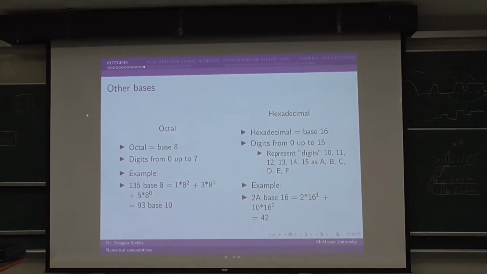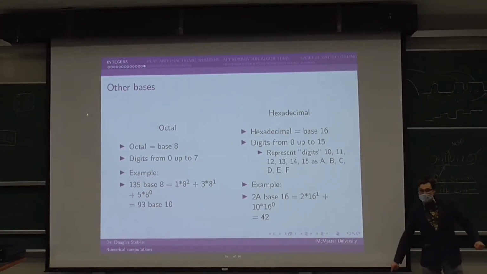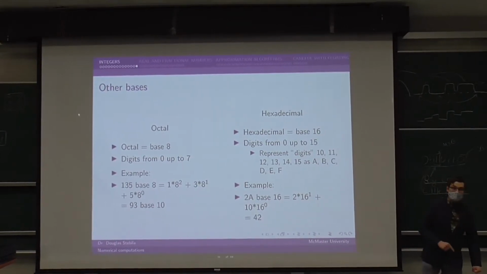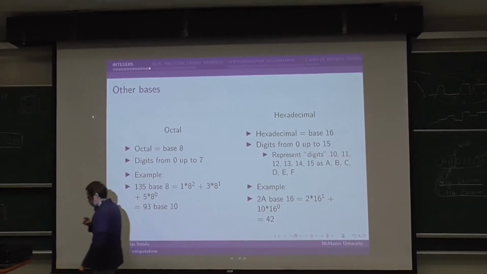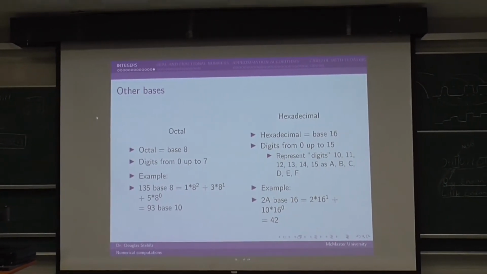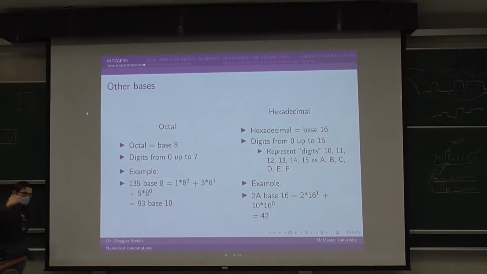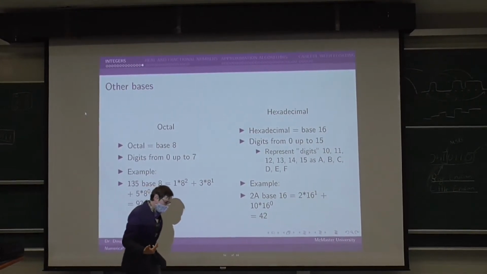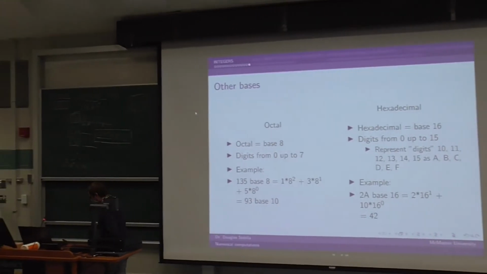So, the deeper you go down into the computer's architecture itself, the more likely you are to run into hexadecimal numbers. The first place that you guys are probably going to run into hexadecimal numbers is pointers. Roughly speaking, a pointer is a memory address which is stored as a variable.